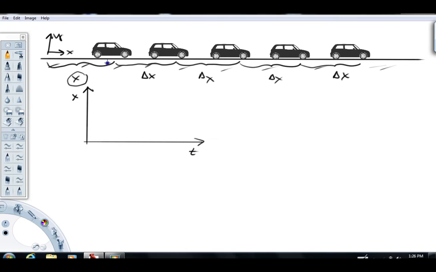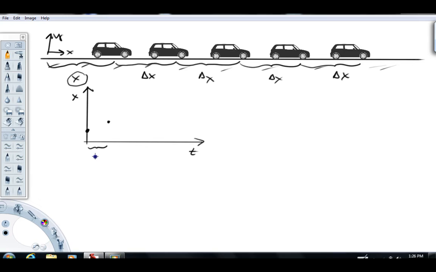Depending on where the car was at t equals 0, I'm going to assume the car is here at some positive value. What that value is is not super important for this example. And then as one time frame, one delta t, goes on, the car moves over a distance delta x. This is going to be some number. So basically on the graph we're going over and up.